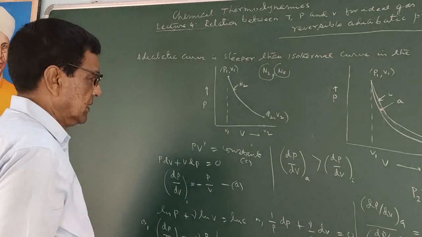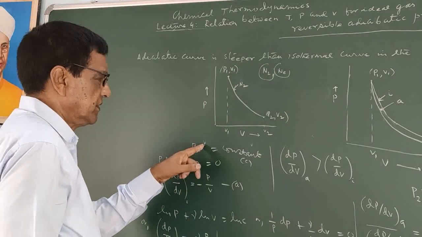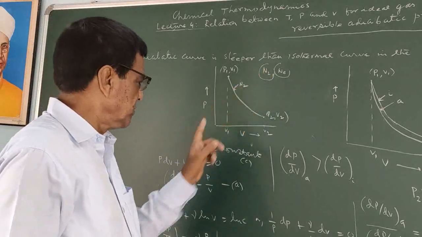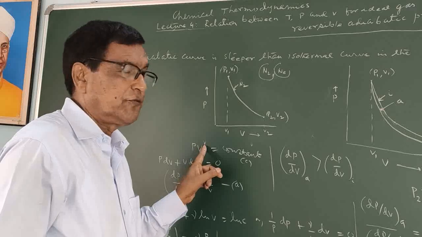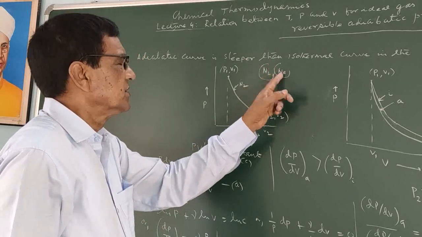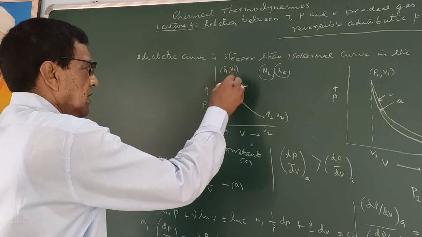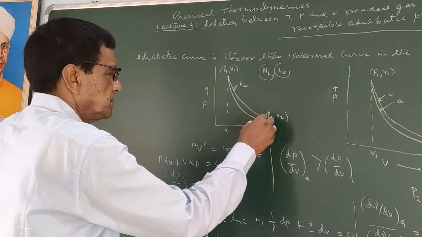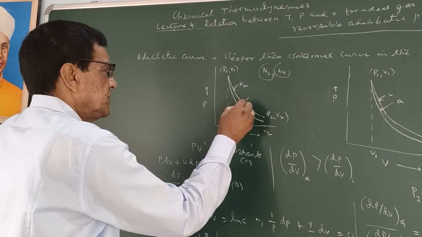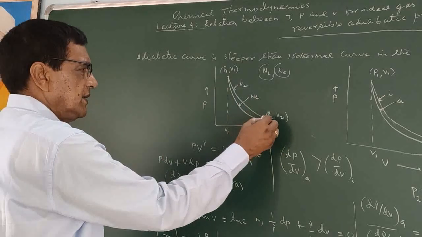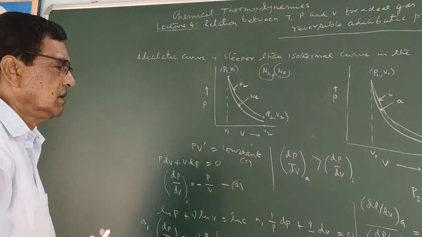If we do this curve for neon, in this case gamma for neon is greater. For neon, the gamma value is 1.66. For nitrogen, gamma is equal to 1.40. So the curve for neon will be steeper, like this. Both are adiabatic, both are reversible.